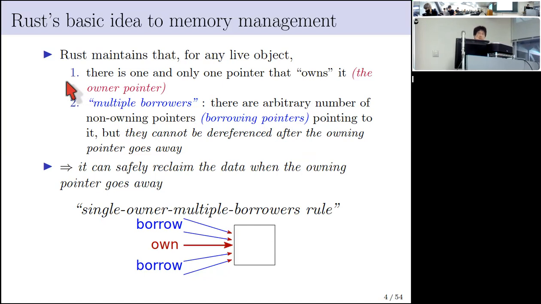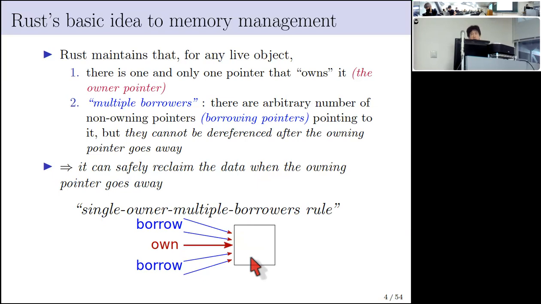If these two rules are somehow enforced and guaranteed, then Rust can safely reclaim the data when the owning pointer goes away, right? This can be illustrated like this.